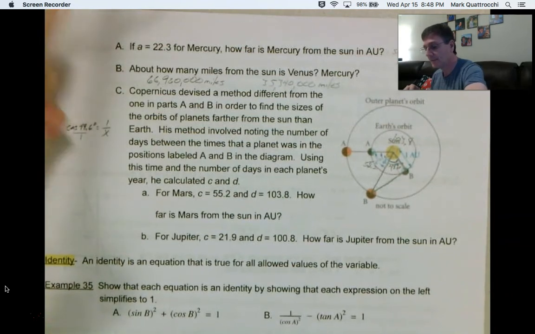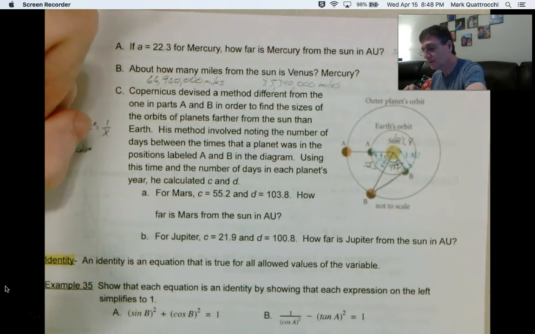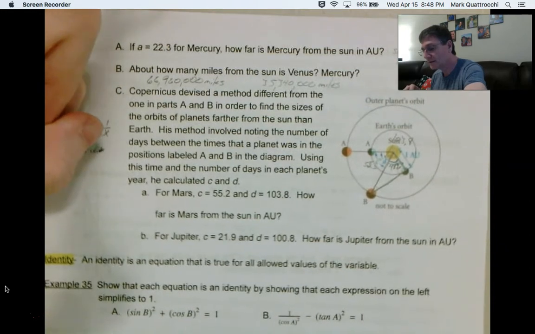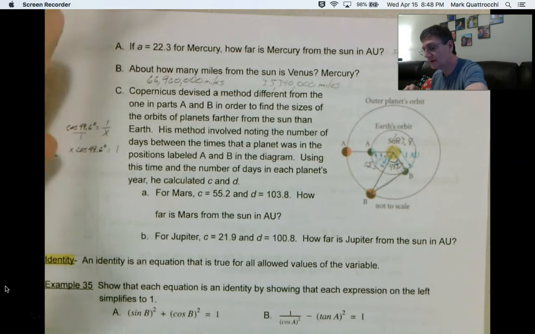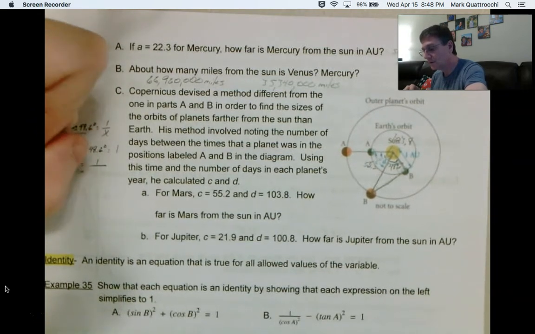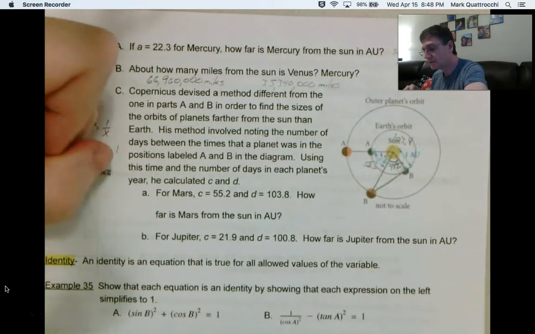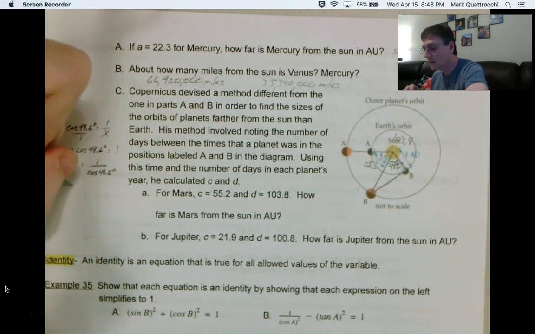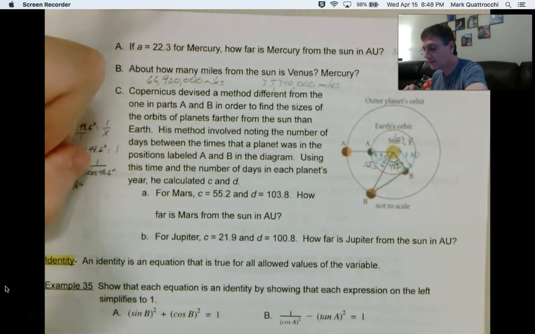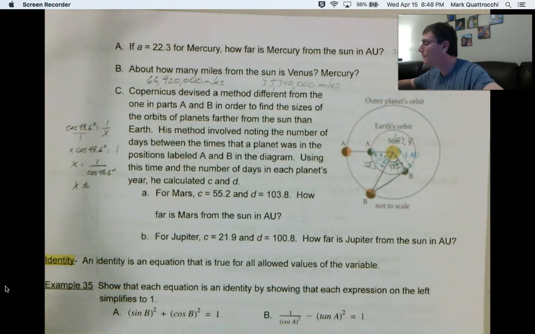Cross multiply: x cosine 48.6 degrees equals 1. Divide by cosine 48.6, so x is approximately equal to 1 divided by cosine 48.6 degrees.